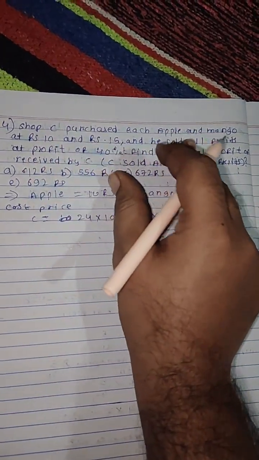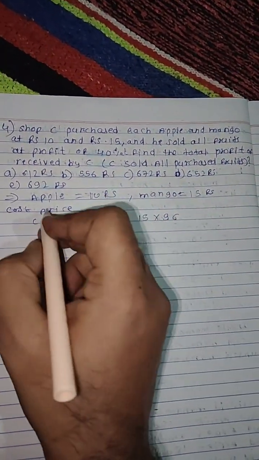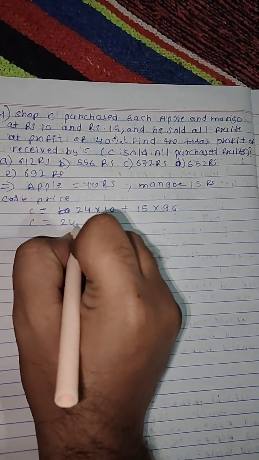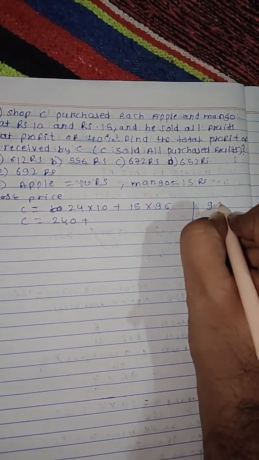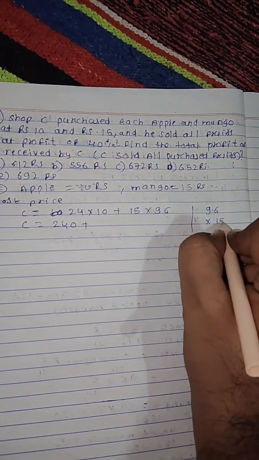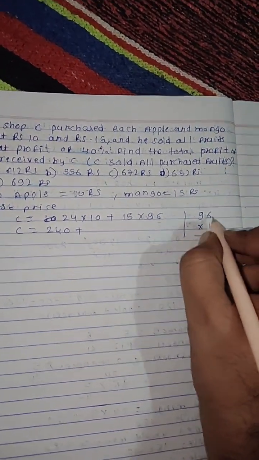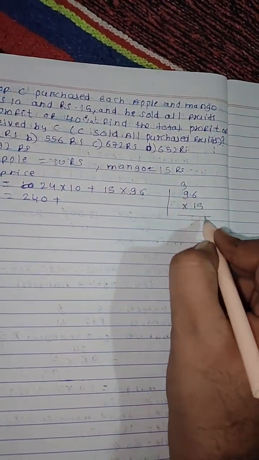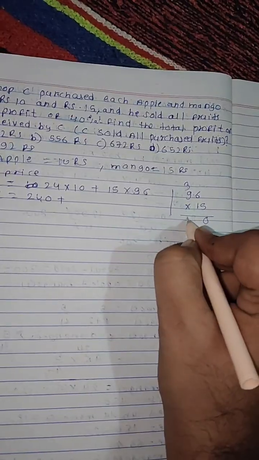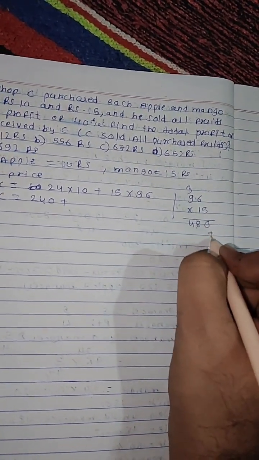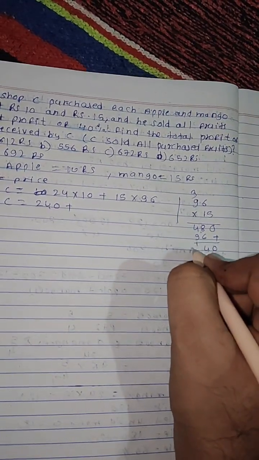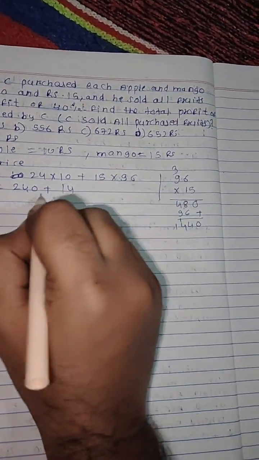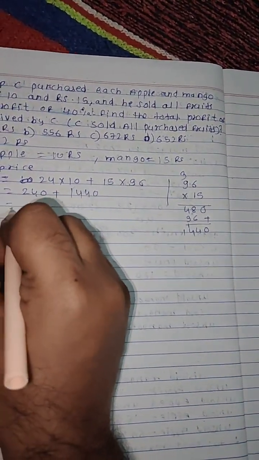So it is 240 and 15 into 96. So we'll find this: 6 5s are 30, 480 and 96, so it is 1440.